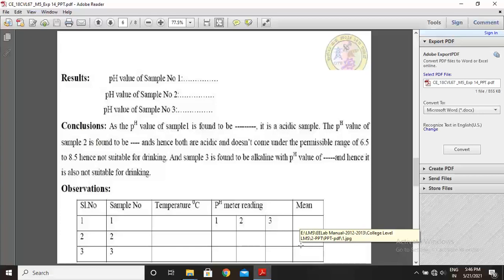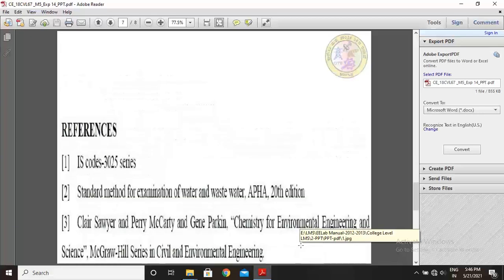And sample 3 is found to be alkaline with a pH value of X, and hence it is also not suitable for drinking. So you measure the value and refer to the 6.5 to 8.5 standard value for drinking water. Then you write the conclusions.